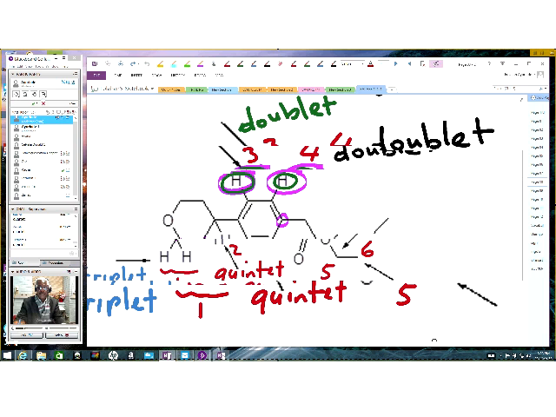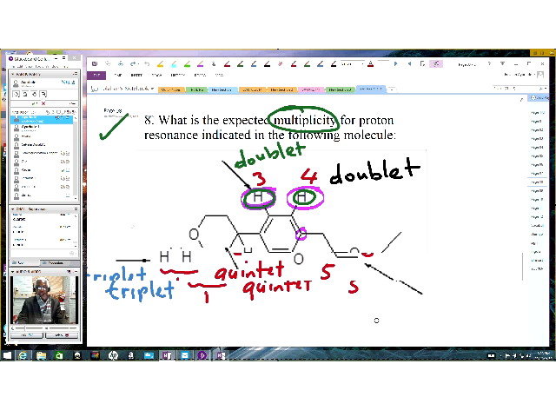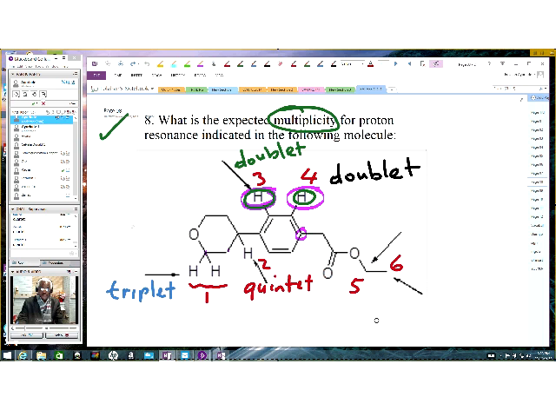Okay. About 5, the hydrogen on 5. What will be the multiplicity? Quartet, excellent. Tamara said quartet, Zena said quartet, Rachel said quartet, excellent. Because these 2 hydrogen here also see 3 hydrogen on 6. 3 plus 1 is 4.